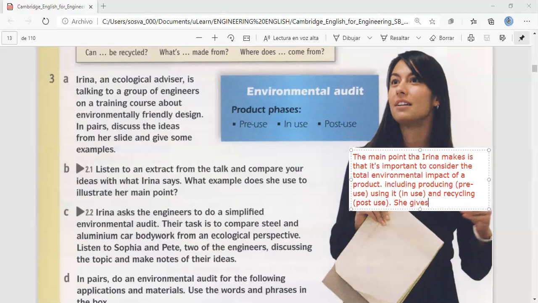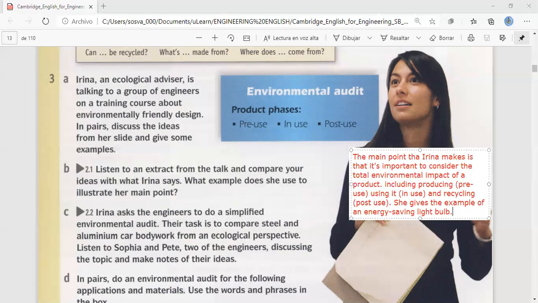And she gives an example. She gives the example of what? Bulbs. Exactly, with the bulbs. The example of an energy saving light bulb. If you compare a light bulb from 5 or 10 years ago with nowadays, now we use LED light bulbs that produce even more light with low energy.